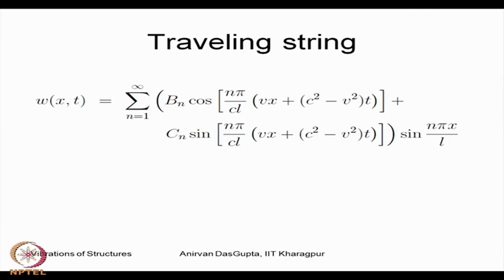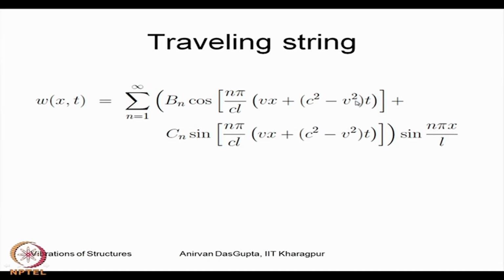If you look at the travelling string, we had the general solution that we obtained in our previous discussions, which looked like this, what I have put on this slide. Here you can see that the space and the time parts are not separable as we have seen in the modal solution.